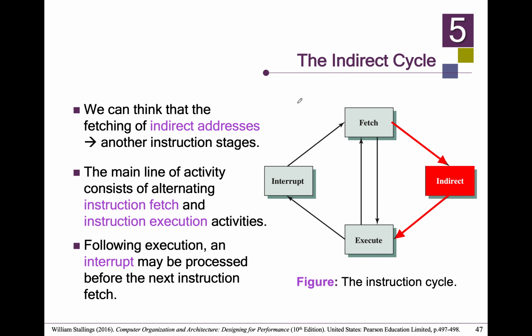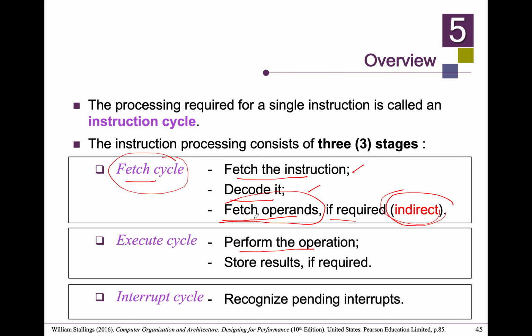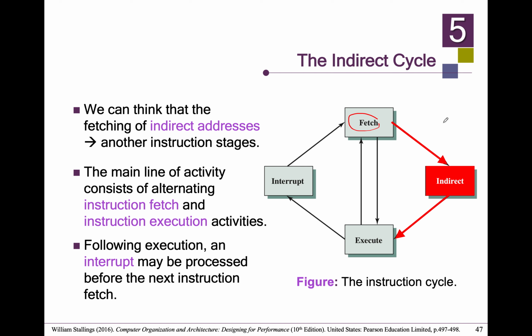And in the meantime you are looping your instructions, in your fetch there is also another step, which is if required you need to have the indirect operation. So from fetch it goes to indirect and goes to execute. So depending after that execute whether it goes back to fetch or maybe does an interrupt and loops again. So we can think that fetch indirect addresses another instruction stage.